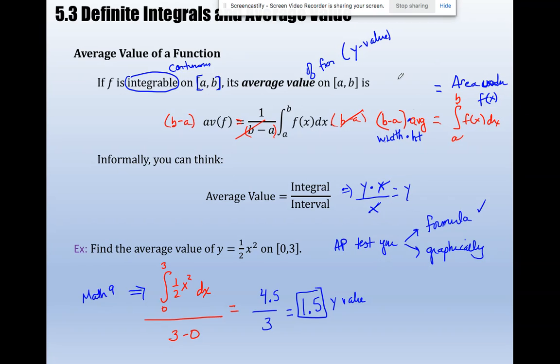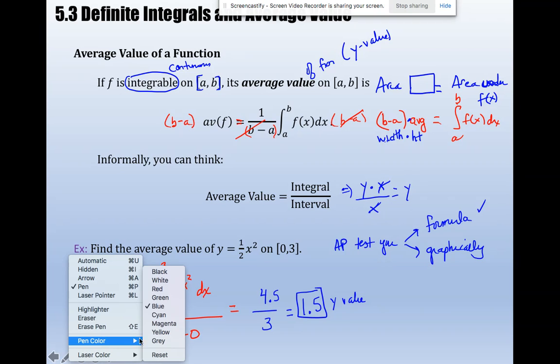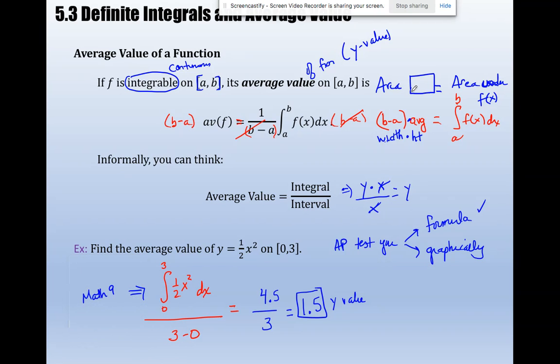Width times a constant height. What is that? The area of a rectangle whose height is, what's the height? Whose height is the y average. What the heck?